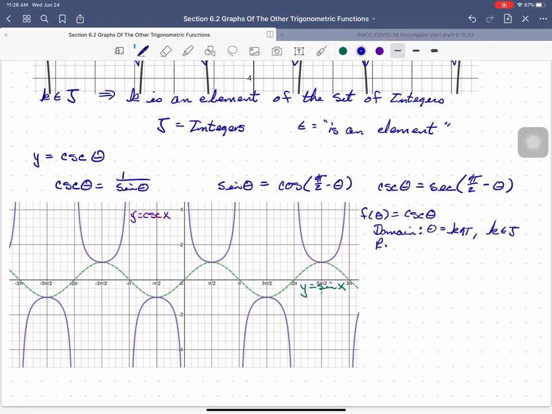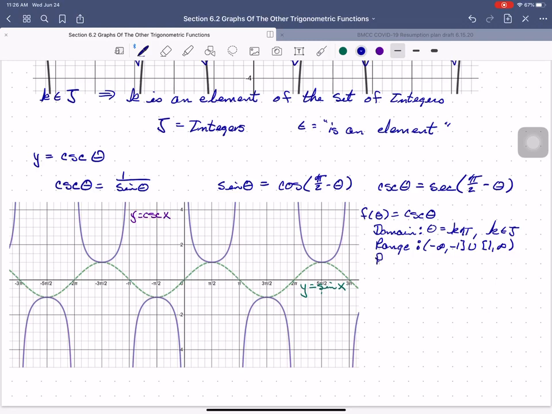The range, like secant, doesn't appear between 1 and -1. It's undefined in those regions. So our range is anything below -1 or anything above 1, inclusive, just like secant.